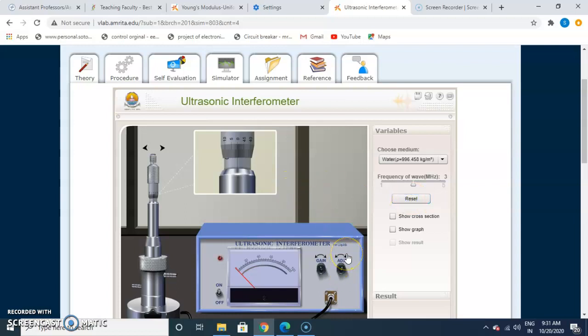I'm keeping the adjustment at 80 and the gain at 50. Now see the oscillation: one oscillation is over, the second oscillation is over. Now show results.